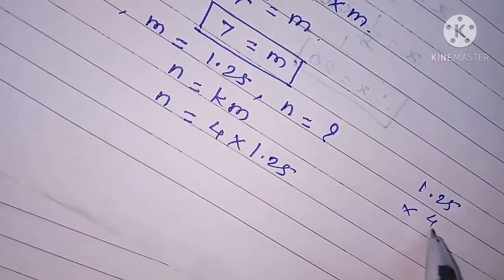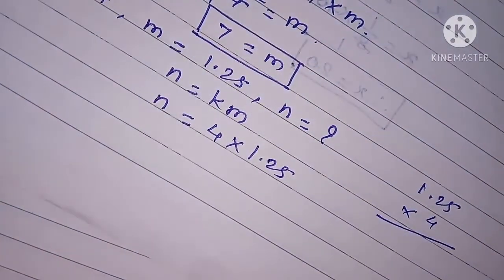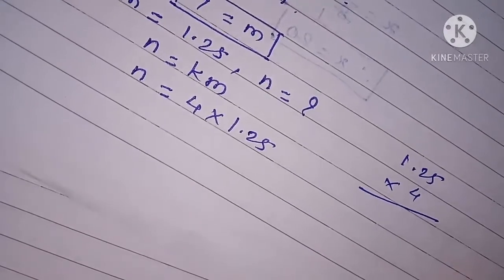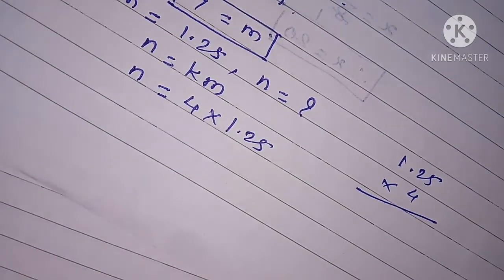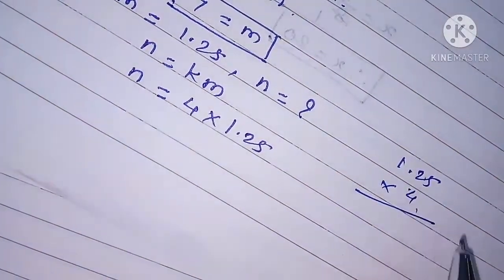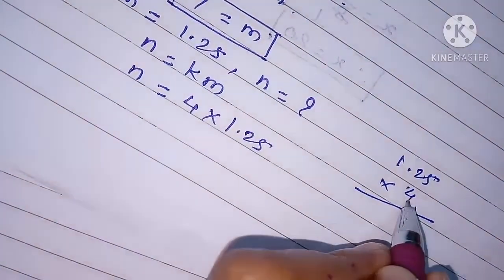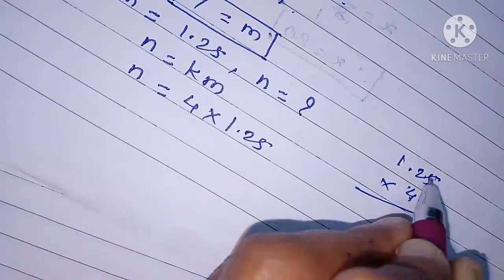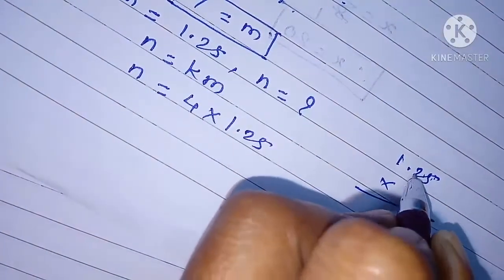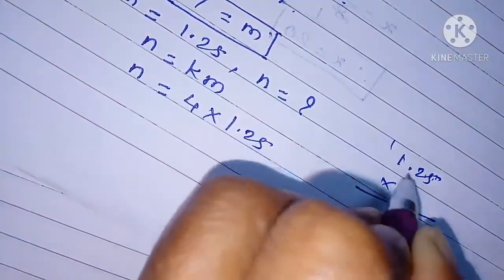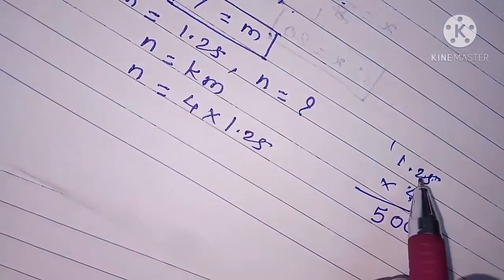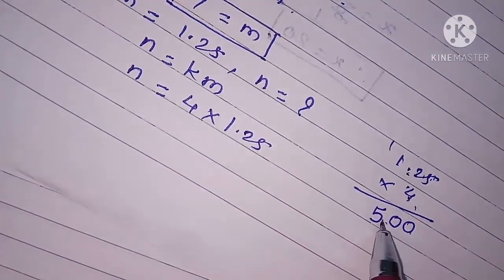1.25 into 4. 4 times 1.25 means how many? I think 5. See, just to recall it, 25 4s are 100. Here 5 is coming, and after the decimal point 2 numbers are there, so 5.